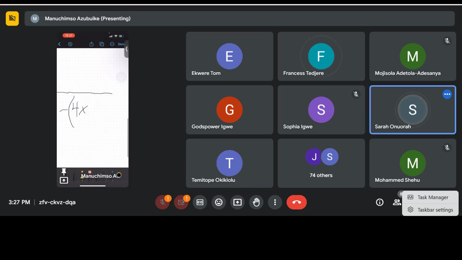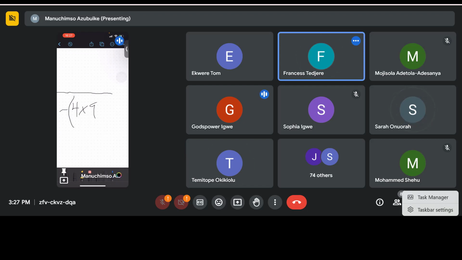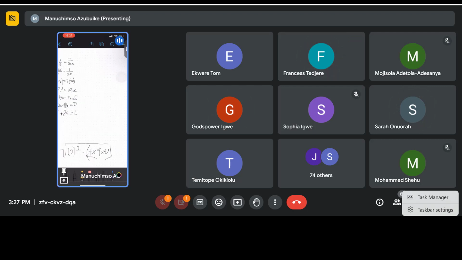Normally the formula is meant to be ax squared plus bx plus c. This one, you can see that there's no C here, so we assume that C is equal to 0.